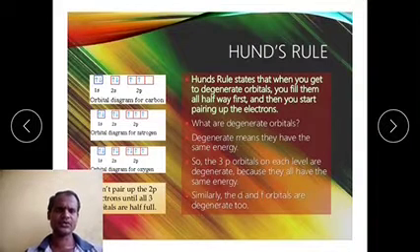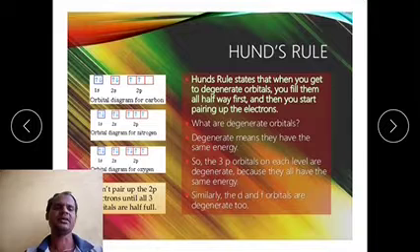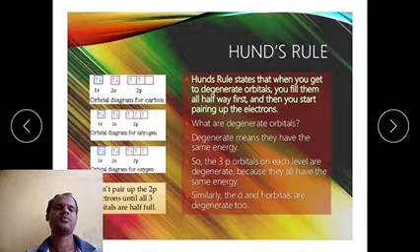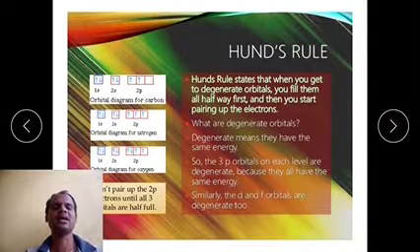According to this, you fill them all half-way first, and then you start pairing up the electrons.